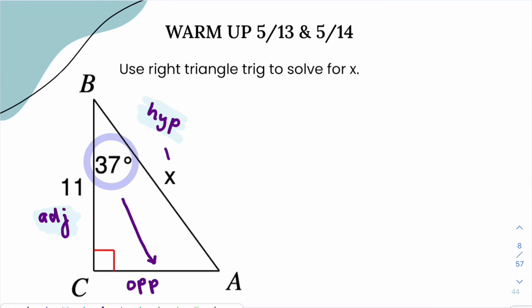We will take cosine of 37 degrees equals adjacent over hypotenuse, which is x, and we need to solve for that. So to solve for that, you'll multiply both sides by x because we need to get it out of the denominator. That's going to be x times cosine of 37 degrees equals 11.